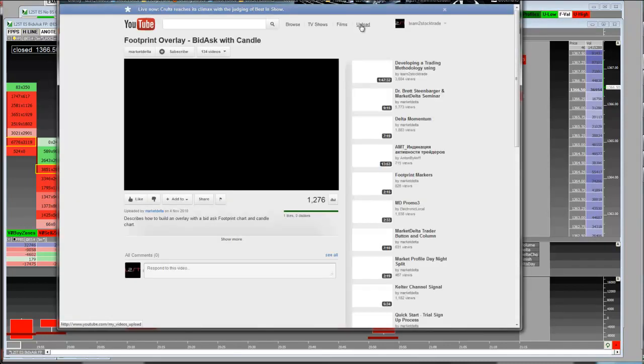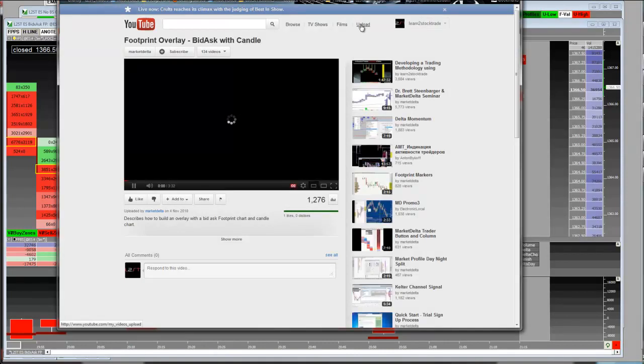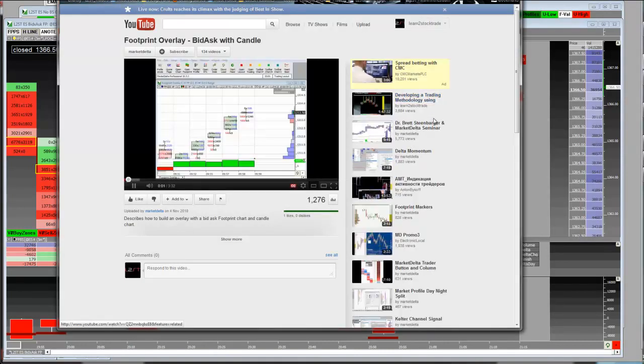I didn't. I'm sure other people also have used overlays in that way, and also footprint overlays, which are essentially two or more. Also found their own ways of using the footprints. But I did develop a way, and I shared a way to look at the footprints, which is quite unique.